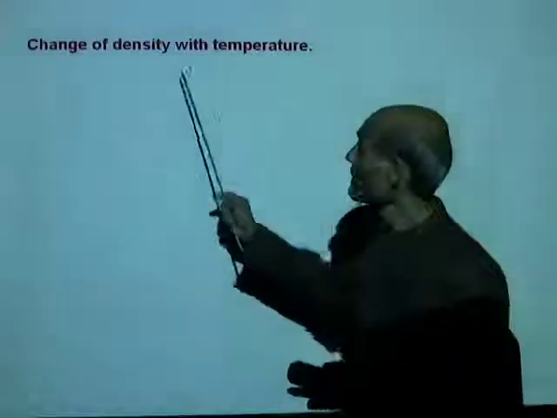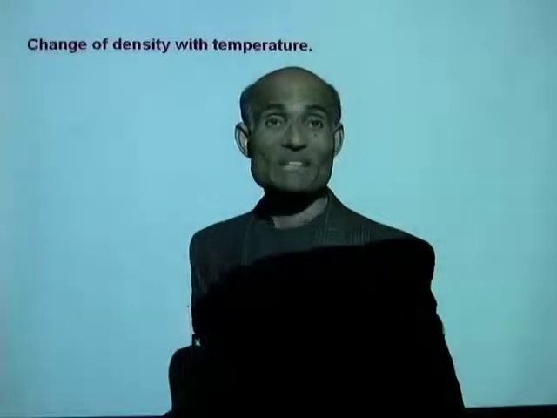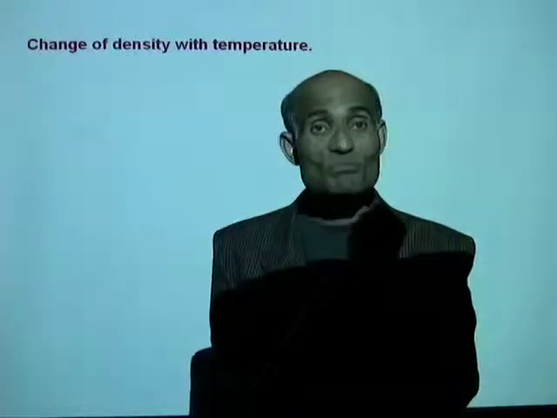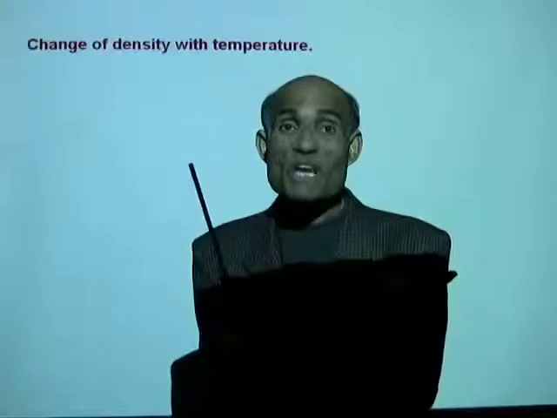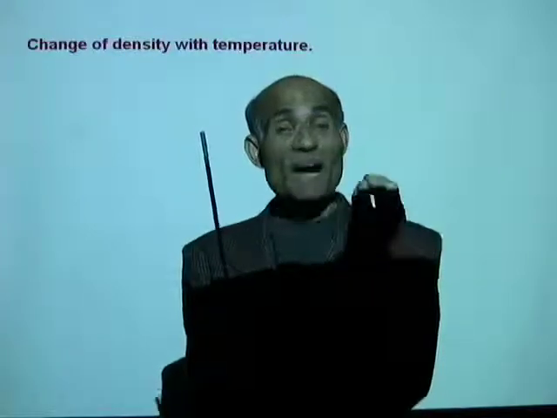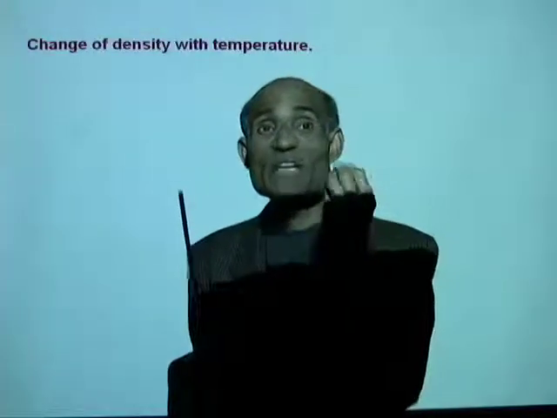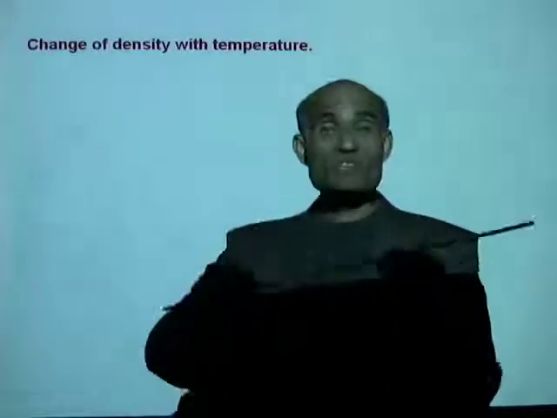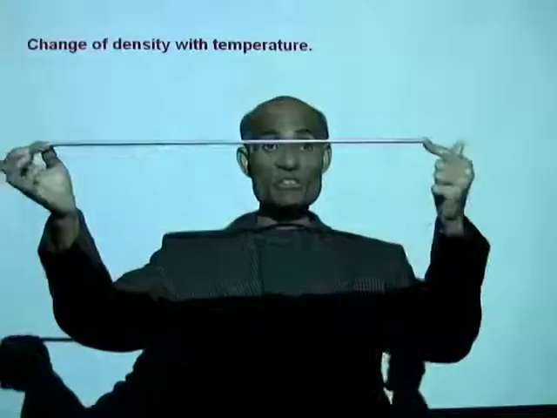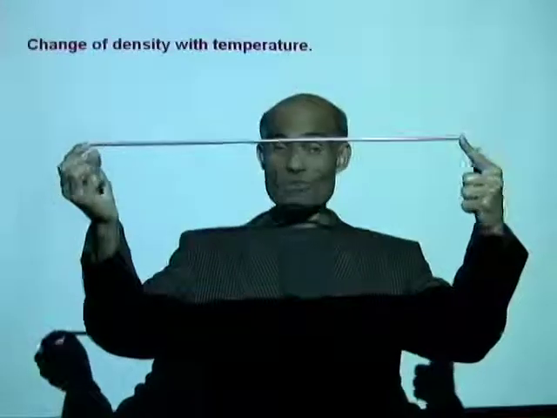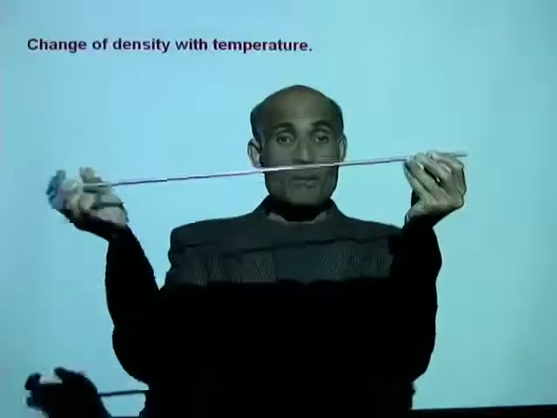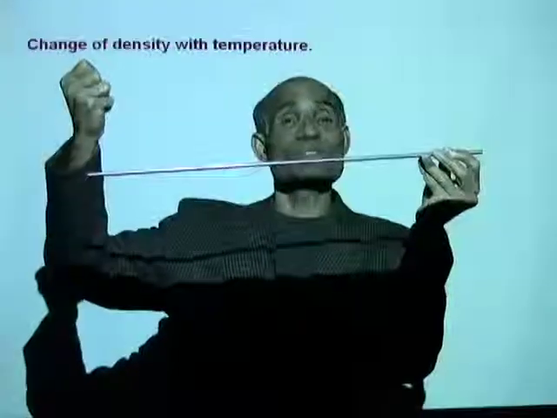Okay. In the beginning of this lesson, I told you, when there is a change in volume without changing the mass, that will result in a change in density. So, change in density with temperature. If I heat this aluminum rod, its mass will not change, but its volume will increase.